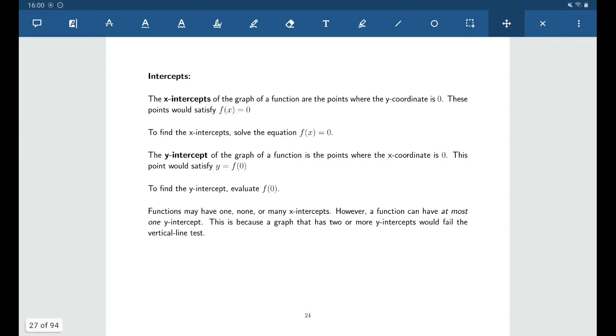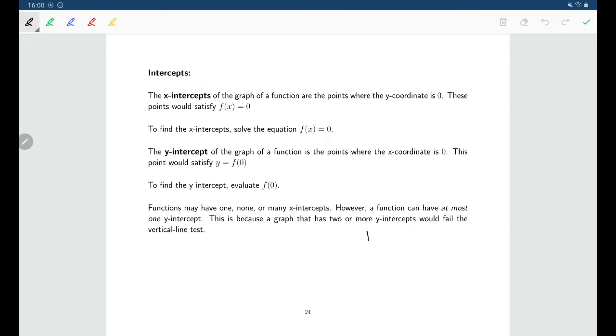X-intercepts and y-intercepts, there's not really any big surprises here. We've talked about intercepts before. We know that if you're thinking about x-intercepts, that's where something crosses the x-axis. That's where the y value is 0. And of course, f of x is the same thing as the y value.